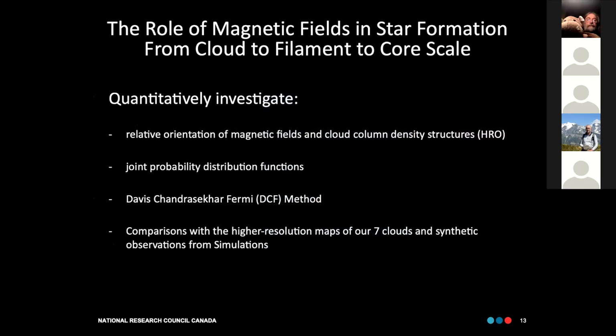So to explore and characterize the role of magnetic fields in star formation, we'll explore a number of topics, including exploring the relative orientation between magnetic fields and density structures. For example, using the histograms of relative orientation, which previously showed that magnetic fields tend to be perpendicular to high column density regions and parallel to lower column density regions.